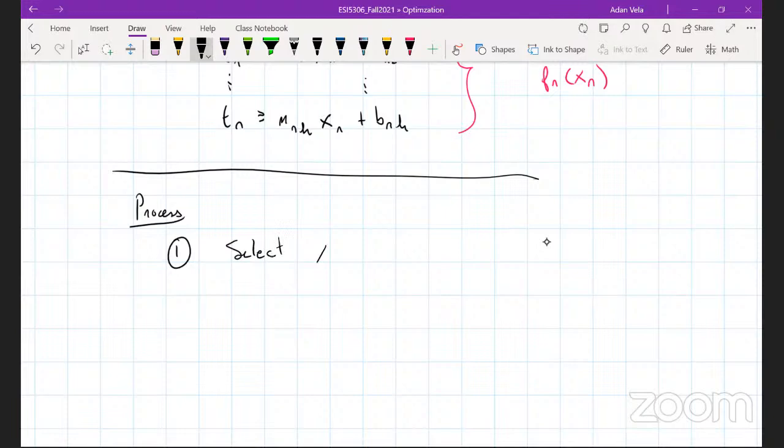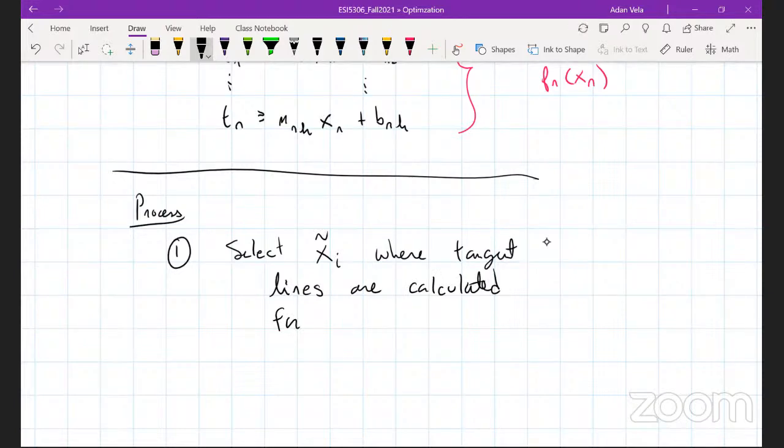So here we're selecting xi tilde, where tangent lines are, let's say, calculated for the nonlinear function.